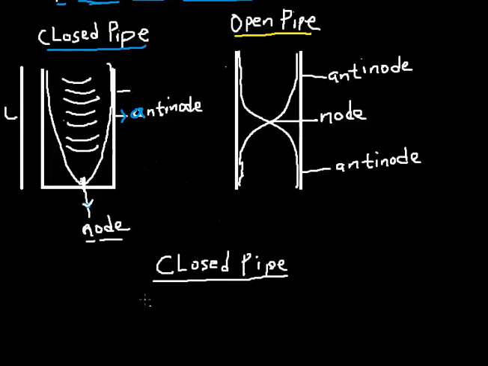The very first frequency in a closed pipe will be generated at the point where we already know that the open end is the antinode and the closed end is the node.